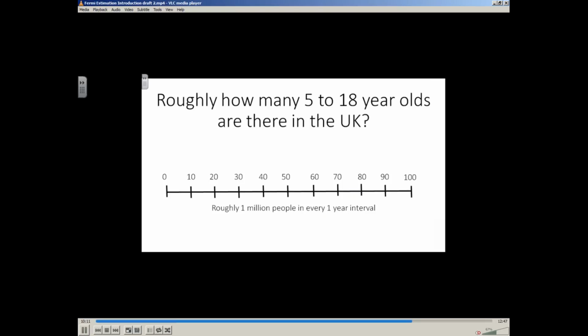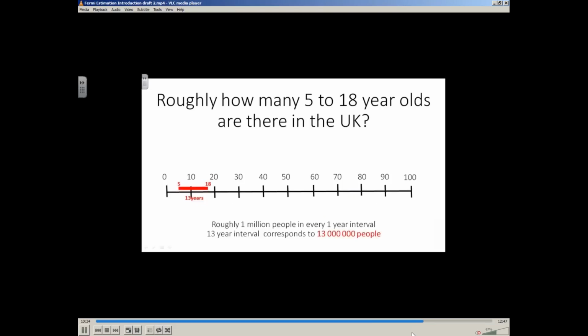Well, I guess they go down at the bottom, somewhere around about here. Okay, there you are, 13 years. 13 years, roughly 1 million people in every 1 year interval. So I'm supposing that means about 13 million people. Now, we've done this really roughly, so I guess we ought to round that off to about 10 million to keep it a proper rough estimate. Remember, all we're looking for is an order of magnitude, the right number of zeros.